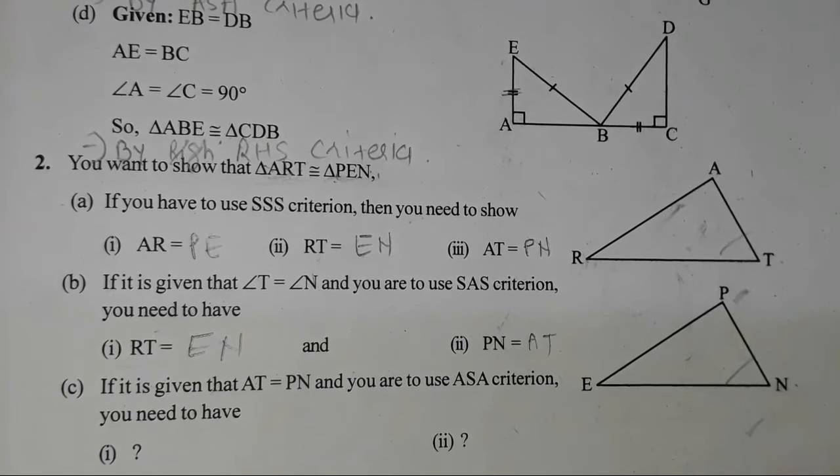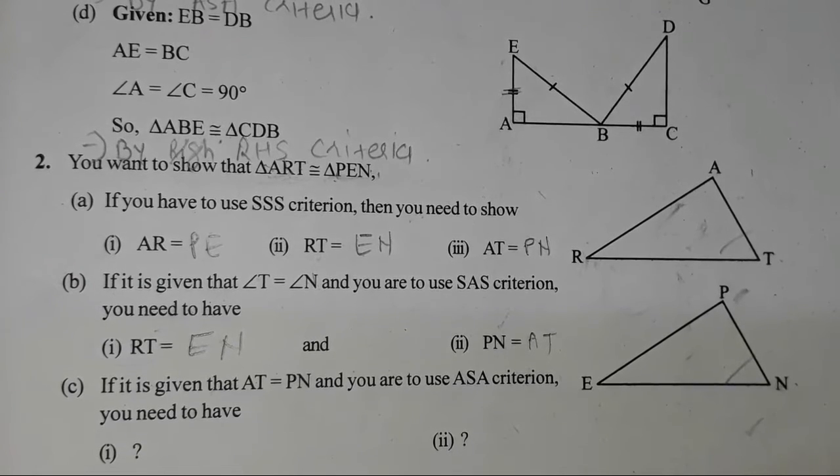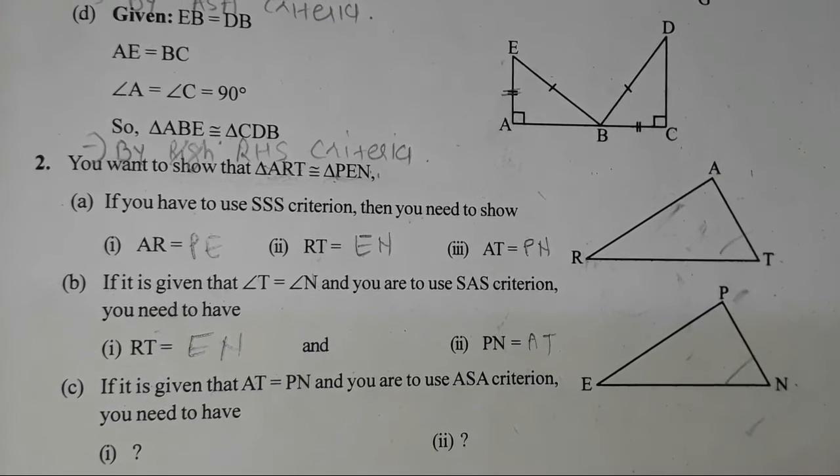Now the last one. If it is given that AT equals PN and you are to use the ASA criteria, meaning the angle-side-angle criteria, then you need to have what? What is the ASA criteria?